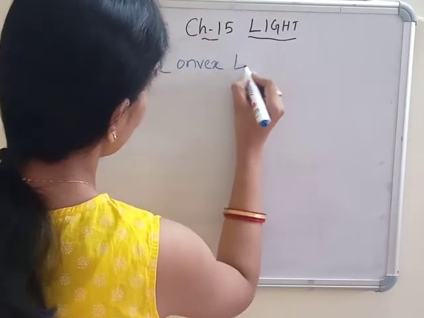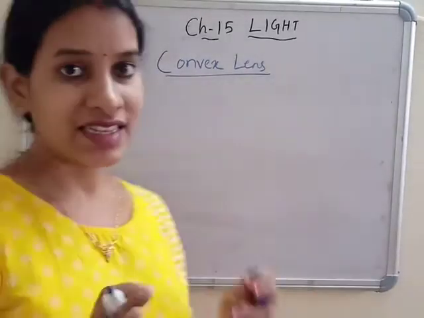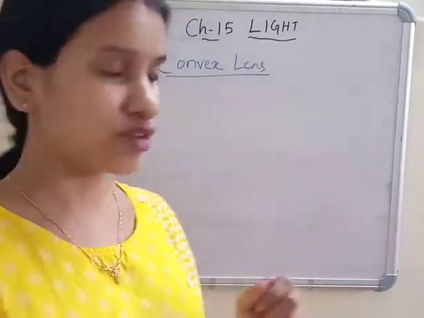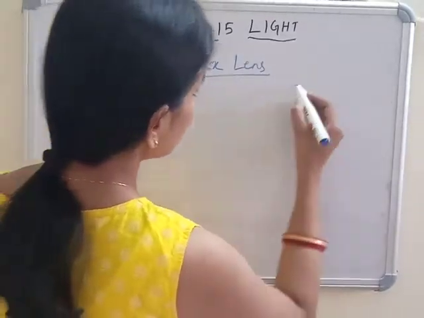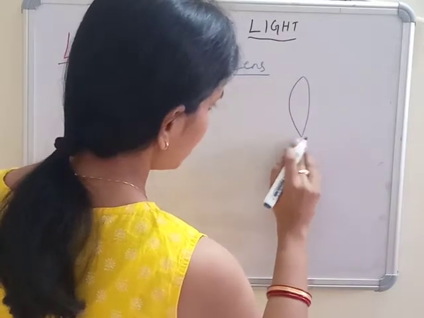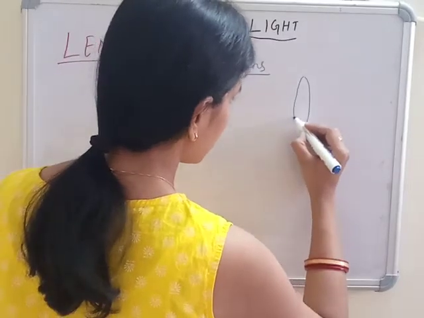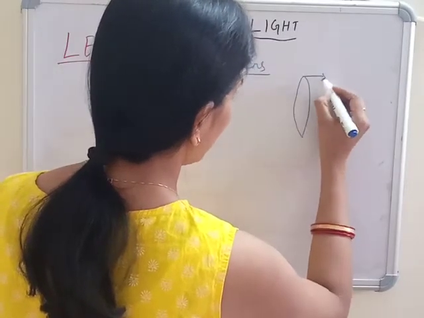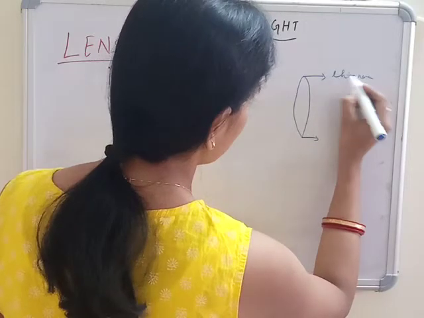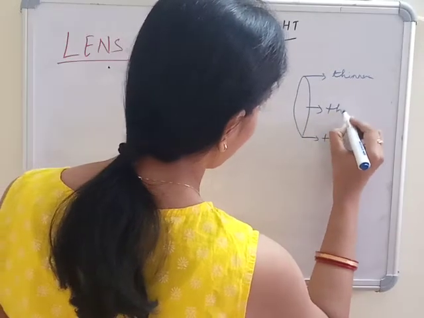Convex lens. How does this convex lens look? I'm going to draw the image for this. So this is the image of a convex lens. In the convex lens, you can see the end part is thin and the middle part is thick.